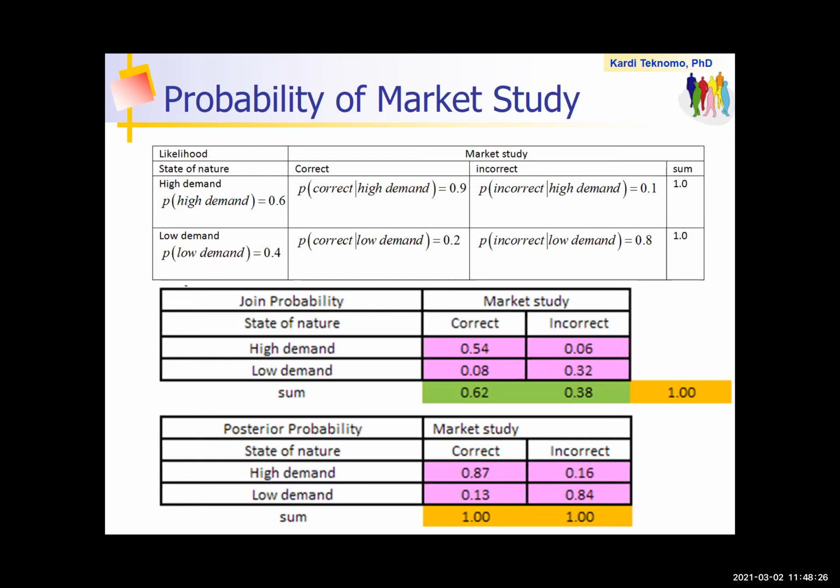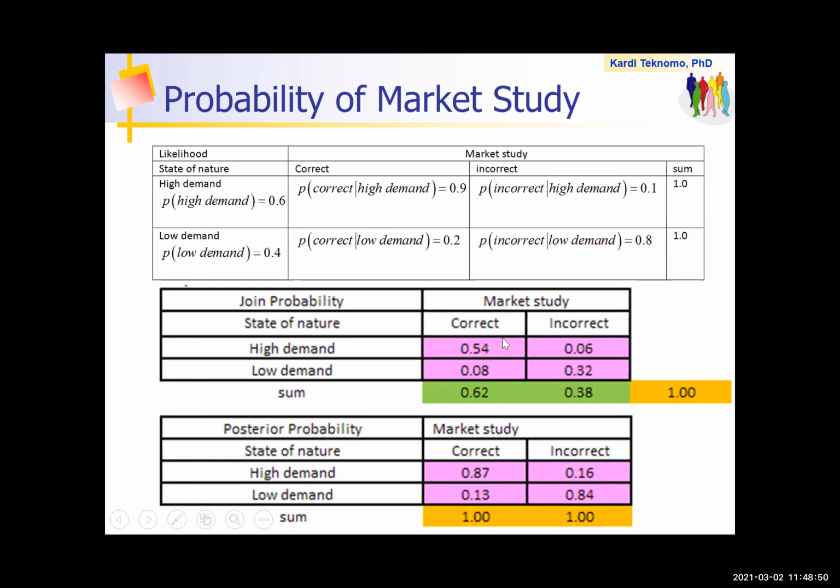the joint probability. The joint probability you can calculate based on the prior multiplied by the likelihood. For example, in the market study, you have state of nature is correct and high demand. You get 0.54 there from where?